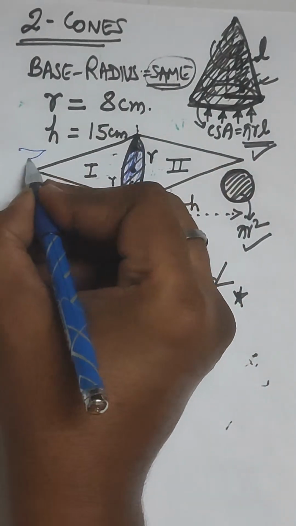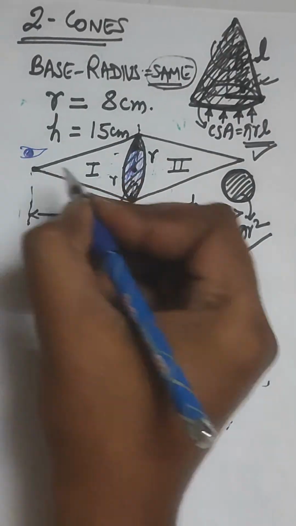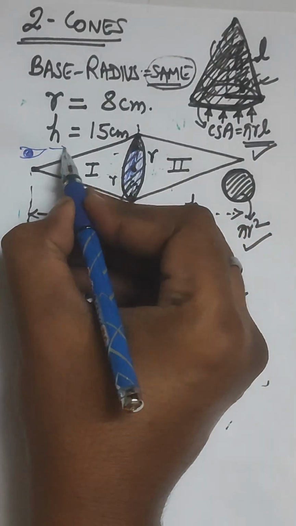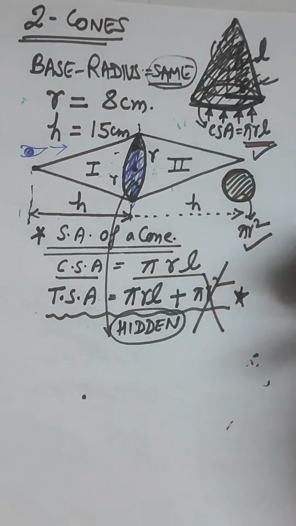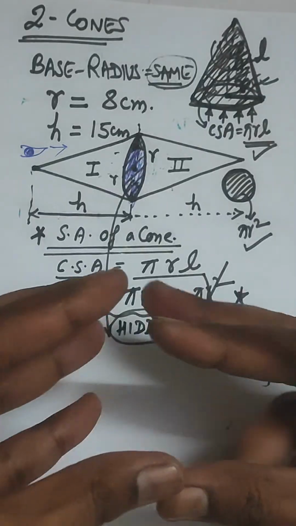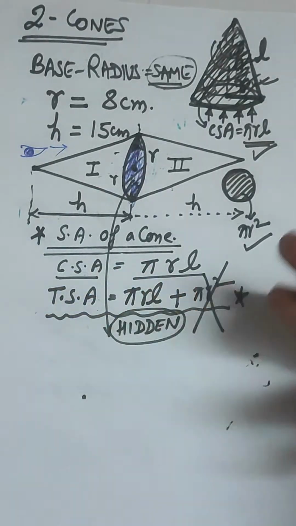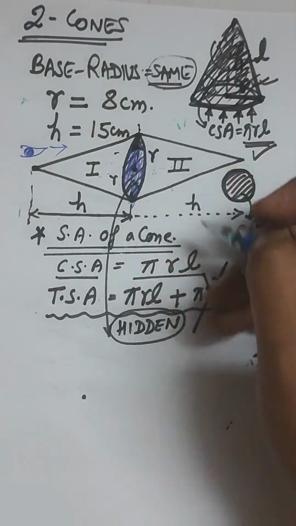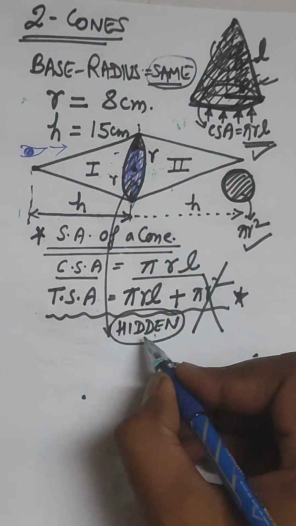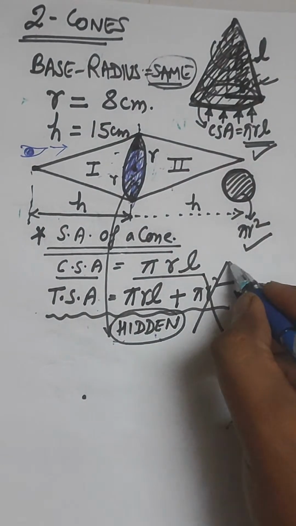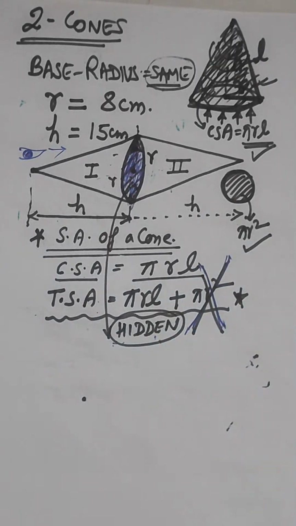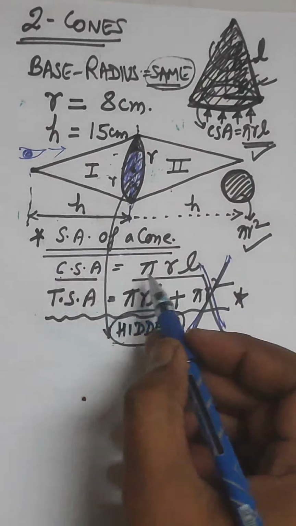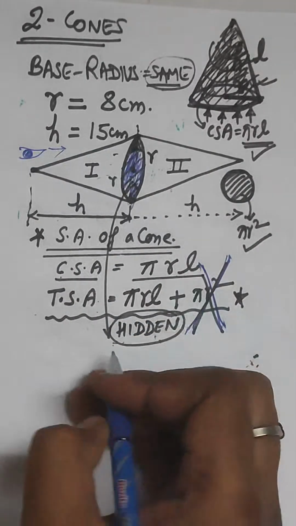Suppose you are trying to look with your eyes, are you able to see this base which is already hidden by the attachment of the two cones? This area will not be seen, so that's why I have written it is hidden. That's why this pi r square will not be considered in this question. So the curved surface area will be the only surface area which is your answer.